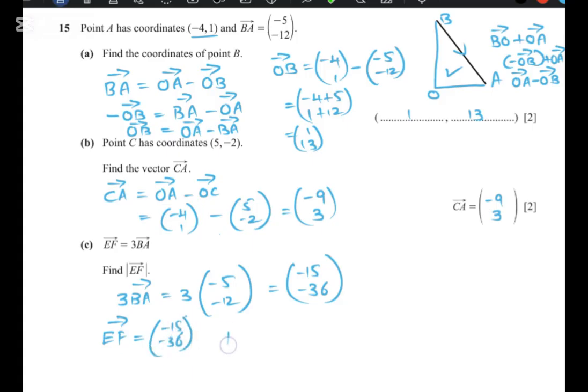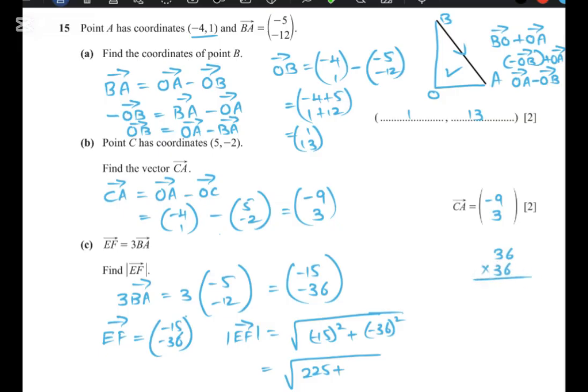Now the magnitude of EF will be the square root of minus 15 whole square plus minus 36 whole square. So that will be equal to 225 plus 36 multiplied by 36. 6 6s are 36, 6 3s are 18 plus 3, 21, 3 6s are 18, 1 carried over, 3 3s are 9 plus 1, 10.